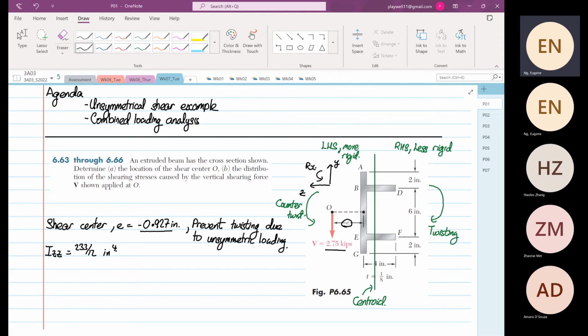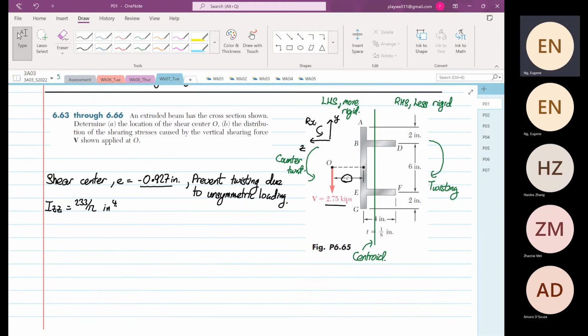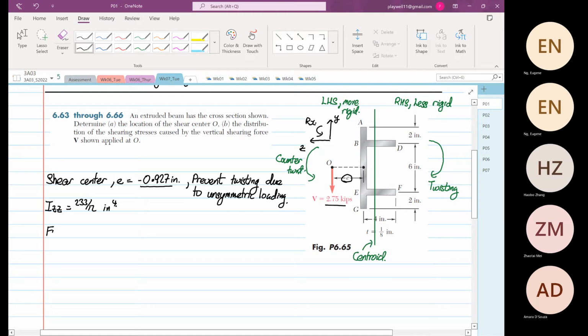Now the next thing we're going to find is the stresses, or the shear stress distribution.